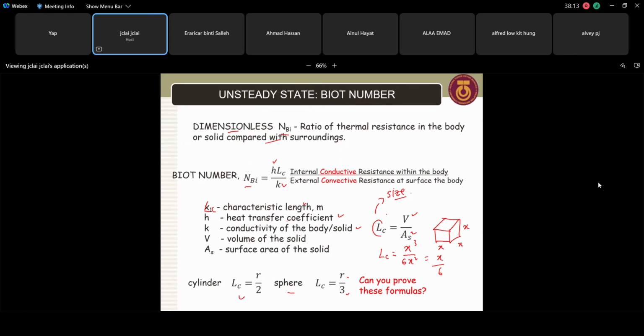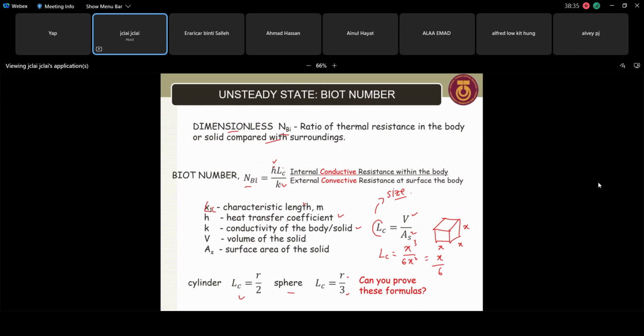Okay, this is how you get the characteristic length, LC. So you see, the bigger the length, the bigger the value of LC. Then you see the Biot number is directly proportional to H, directly proportional to LC, and inversely proportional to K.